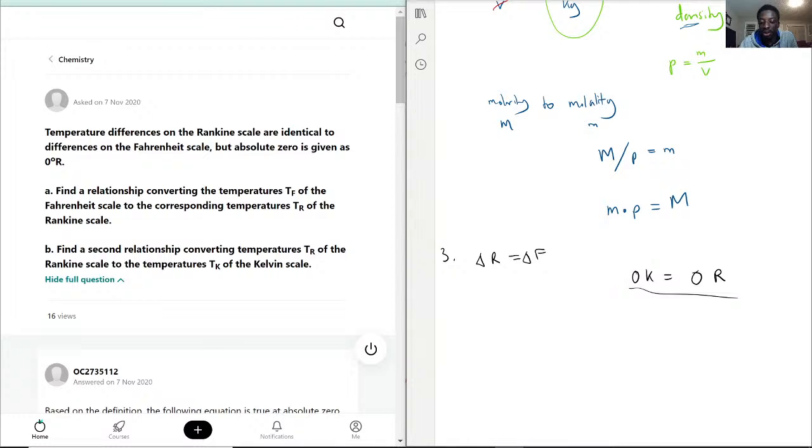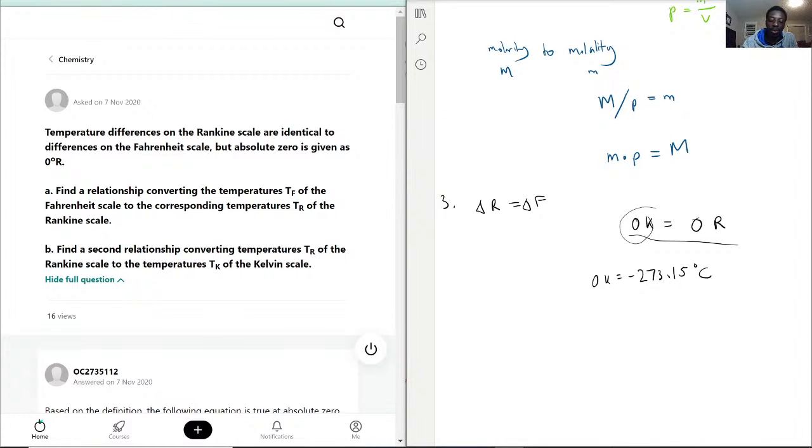And we know that 0 degrees Celsius is 273.15 Kelvin, so 0 Kelvin is equal to -273.15 degrees Celsius, okay?